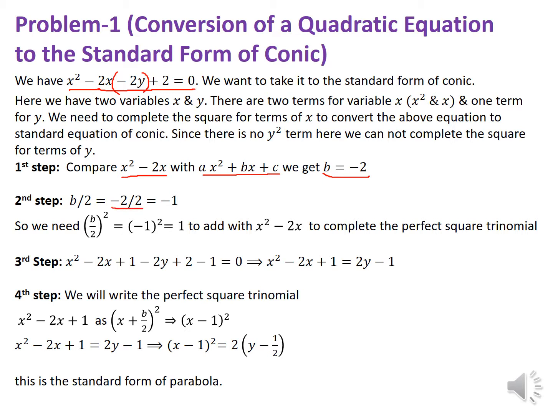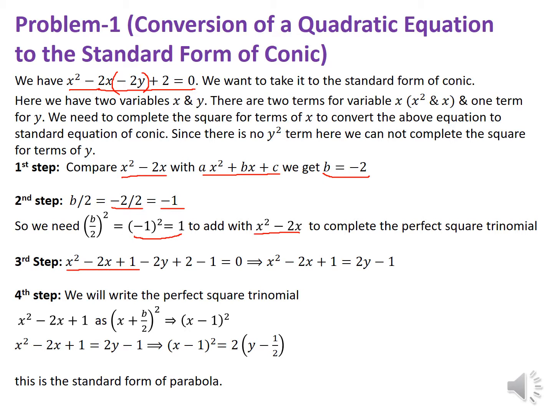So we have divided negative 2 by 2, and we get negative 1. Now to create a perfect square trinomial we need to add negative 1 squared to the expression x squared minus 2x. So then we will get what?